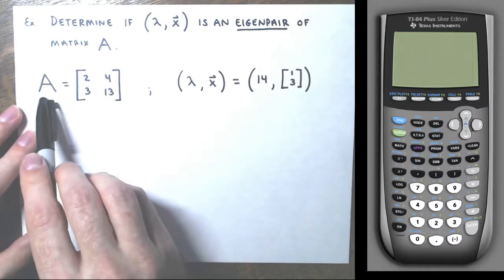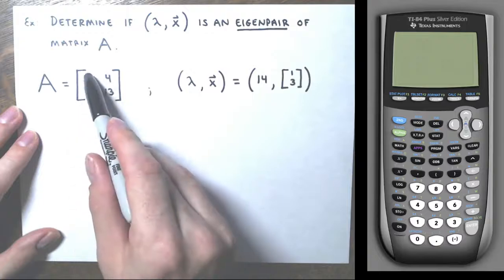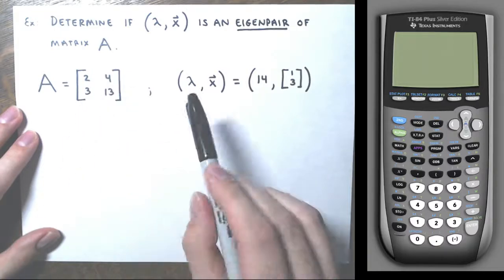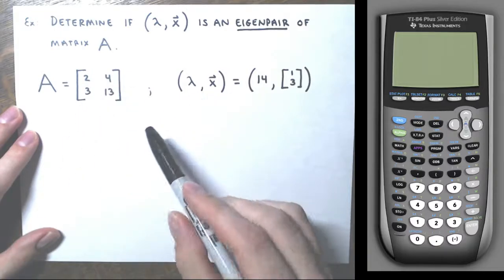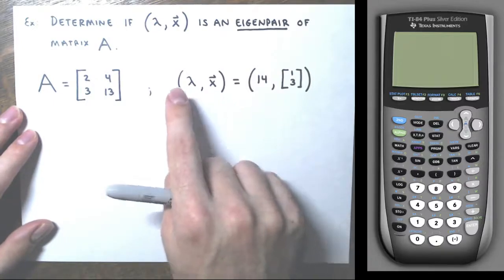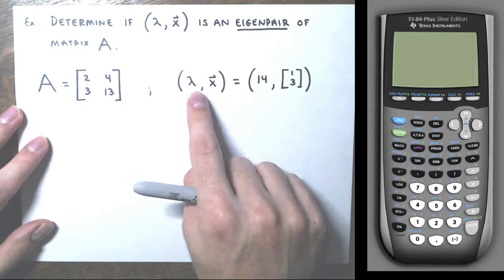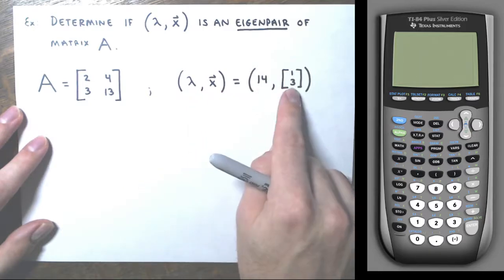So matrix A here is a 2 by 2, with columns 2, 3, 4, 13, and what I'm checking is, is this an eigenpair of A? Could I replace lambda with 14 and the vector with 1, 3?